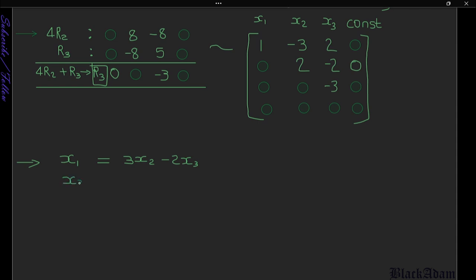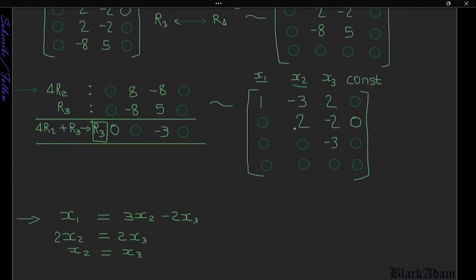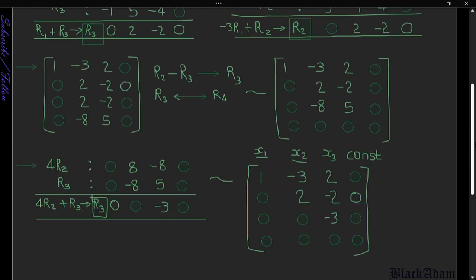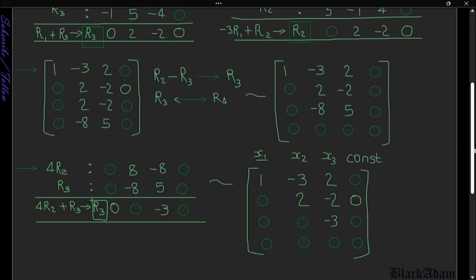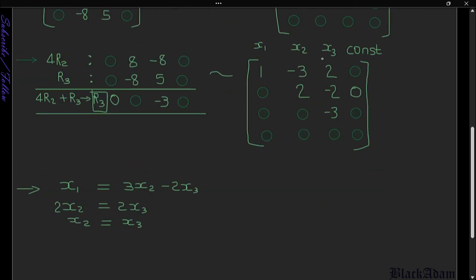Then 2x2 equals 2x3, so dividing both sides by 2, x2 equals x3. So all the variables have representatives.